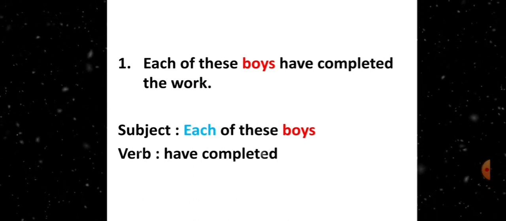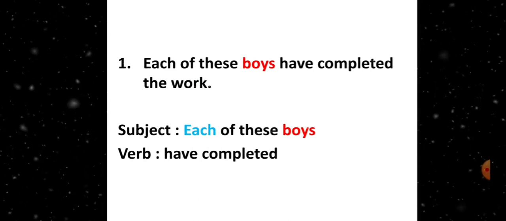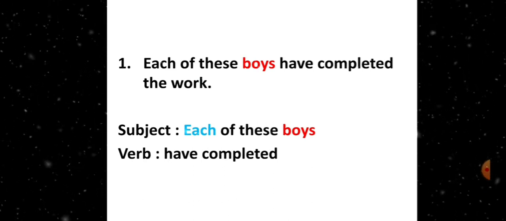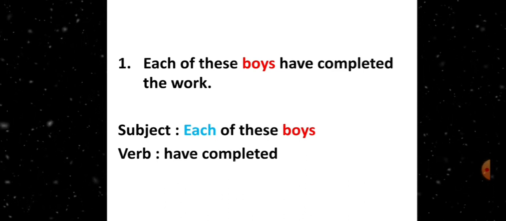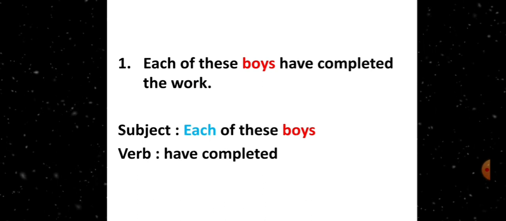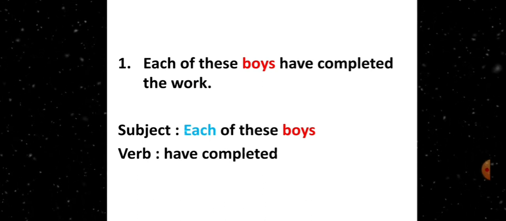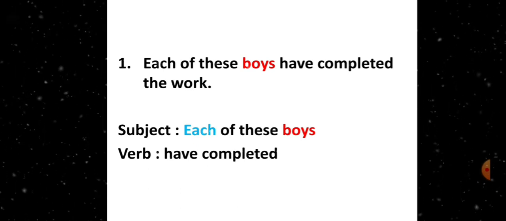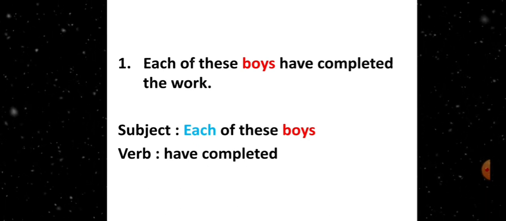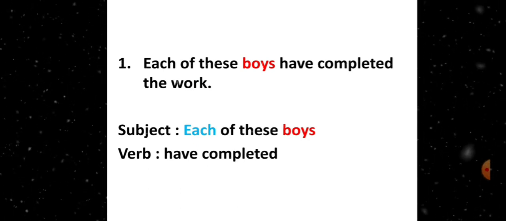If you read this statement, from this particular part, boys have completed the work. It sounds perfect, because boys is plural. But you need to concentrate on the entire chunk. The chunk that precedes the verb here is each of these boys.